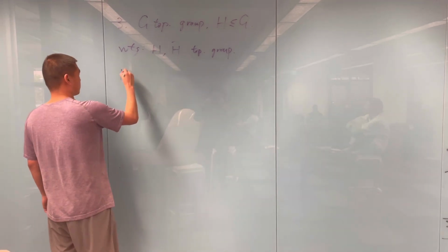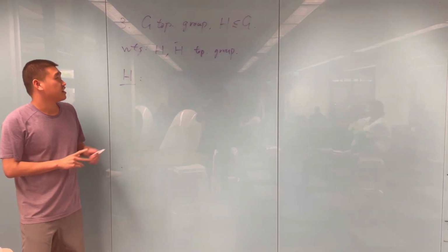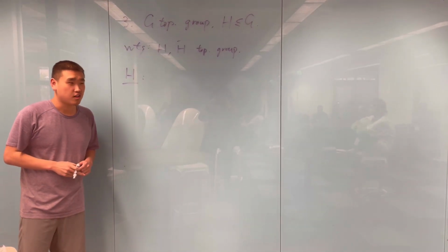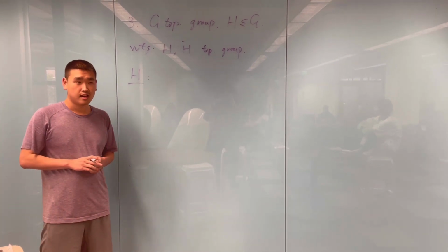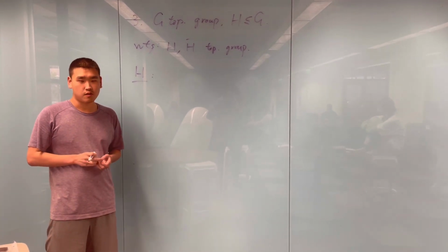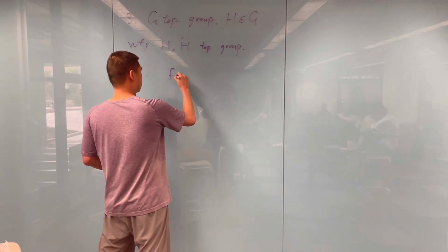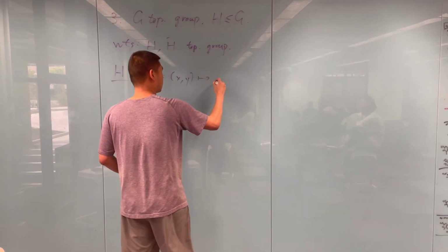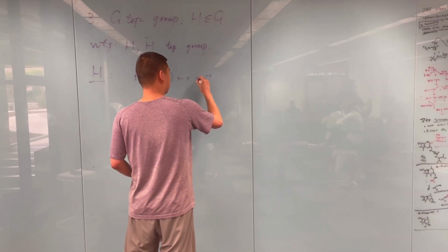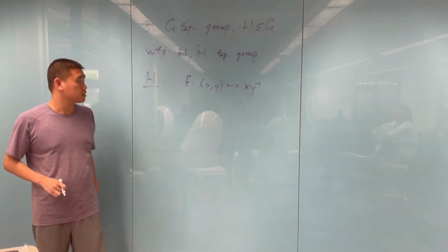Well, first let's show it for H. We already know that H is a group, so there's nothing to show on that part. We need to check that H is a topological group, and by what we get from problem 1, we only need to show that the function f is continuous.